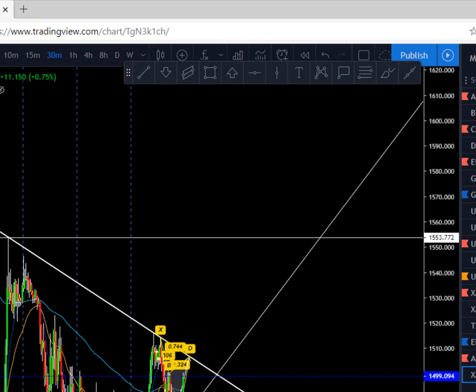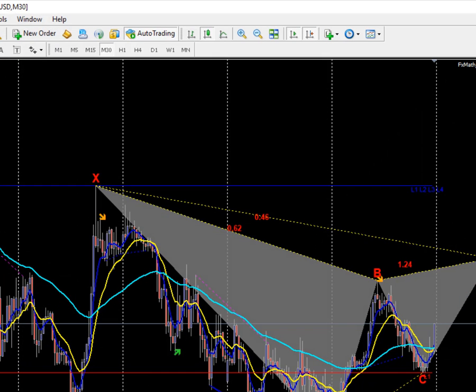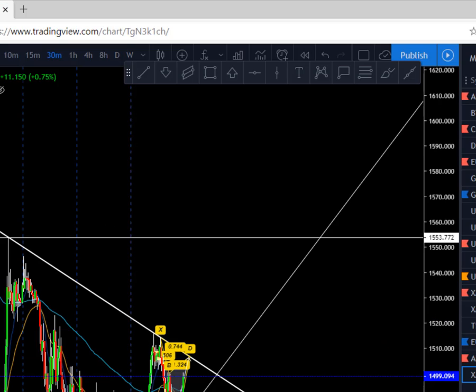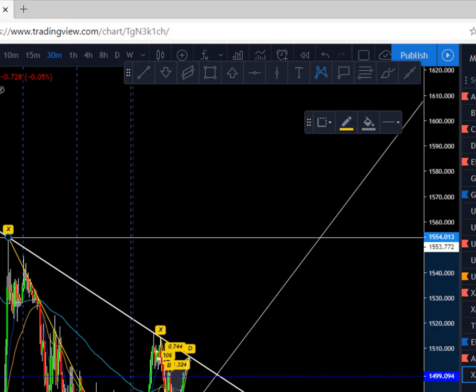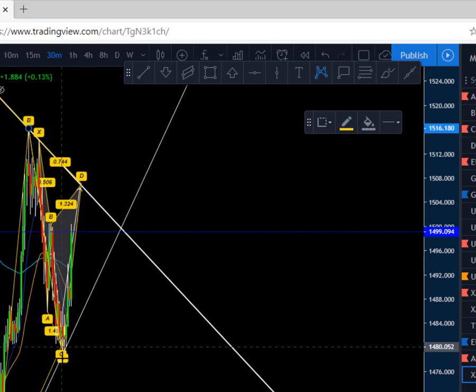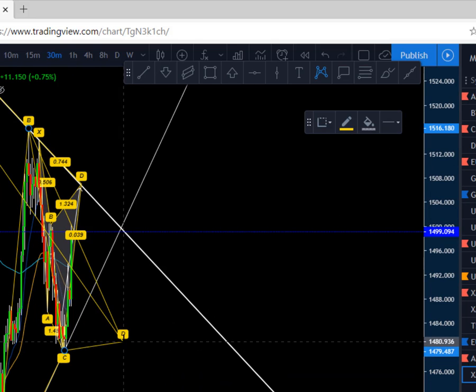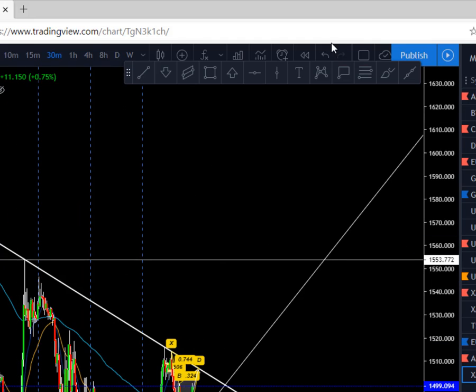So I'm identifying that impulsive move again, that X and A points. Which is X, A, followed by B, and C. I have to do it again.